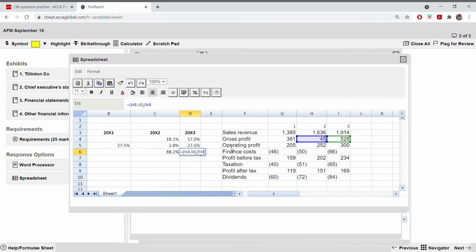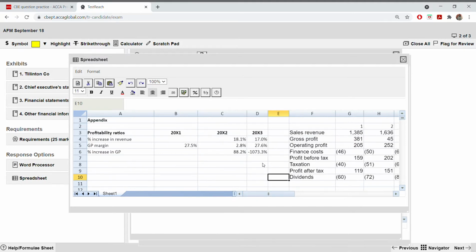They have taken it as 45 minus 528, divide by 45. Okay, we'll keep it as it is because if you see in percentage, this is negative and very big. It cannot be more than 100%.